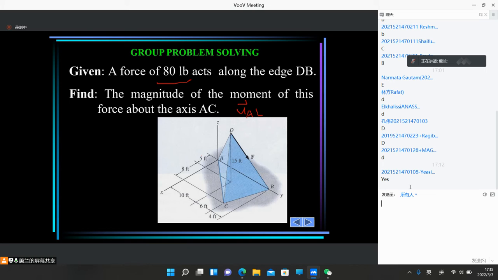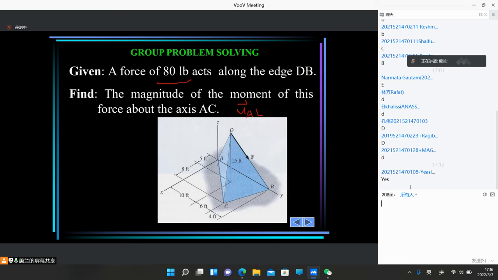F is only given by its magnitude, but if we want to find the moment of the force about the axis AC, because it's a 3D case, it's better to use vector analysis. So the first step is to find out the vector form of force F.